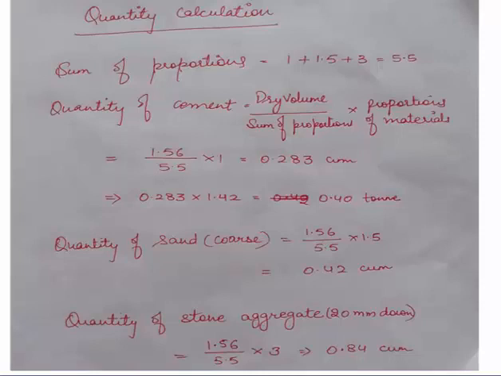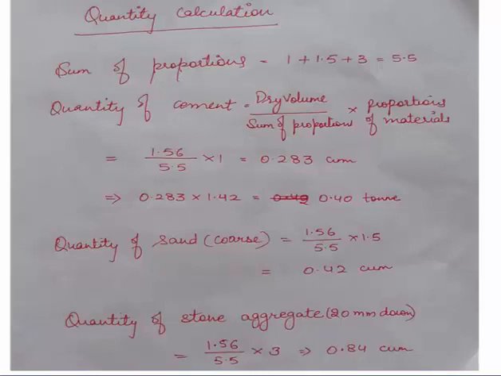It is the reinforced cement concrete or the cement concrete, because the ratio is 1:1.5:3. So 20 mm down aggregates or the nominal sized aggregates are used, and we have calculated the quantity as dry volume divided by the sum of proportion multiplied by the proportion of the stone aggregate. That means 1.56 divided by 5.5 multiplied by 3, and it will be equal to 0.84 cubic meter.